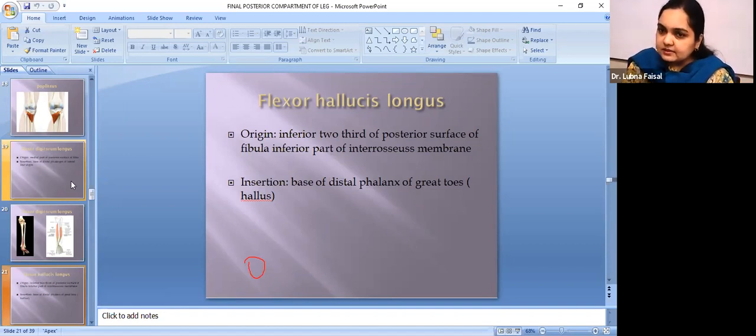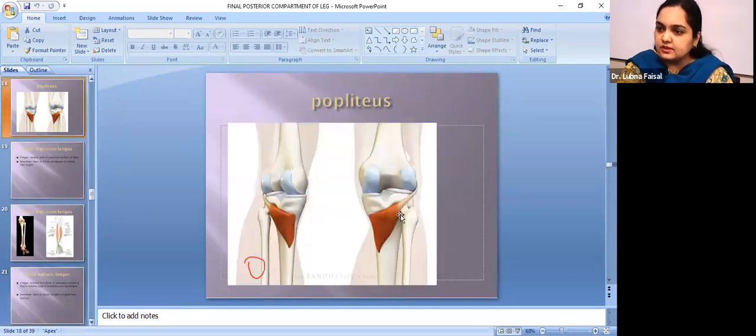Popliteus is present in the deep subcompartment of the posterior compartment of the leg, but this is one differentiating point. This muscle alone is not responsible for plantar flexion at the ankle joint.